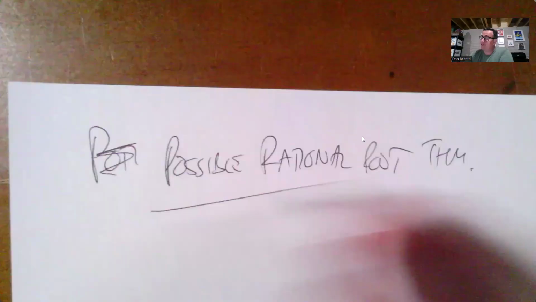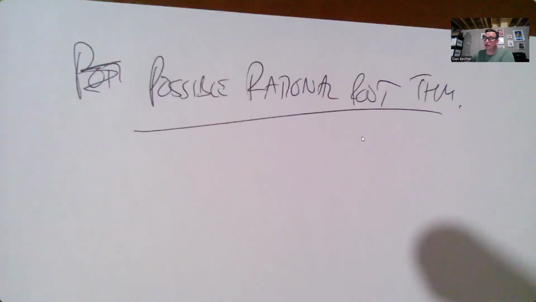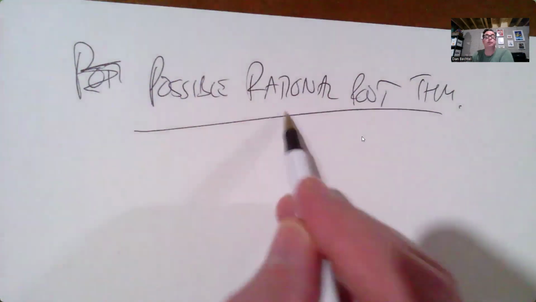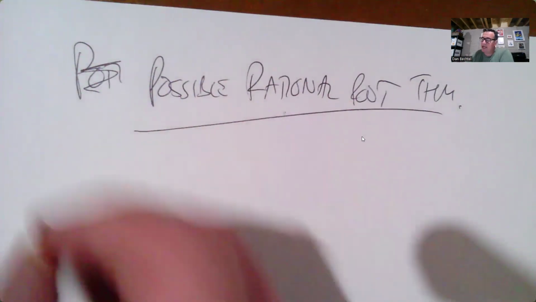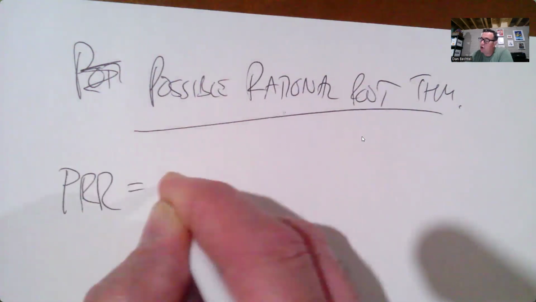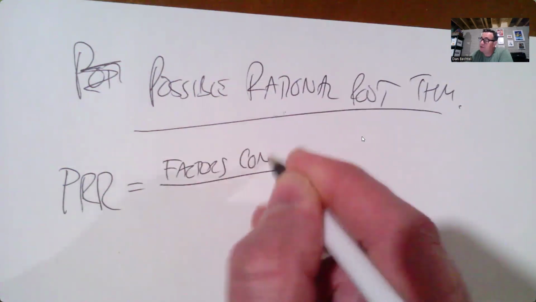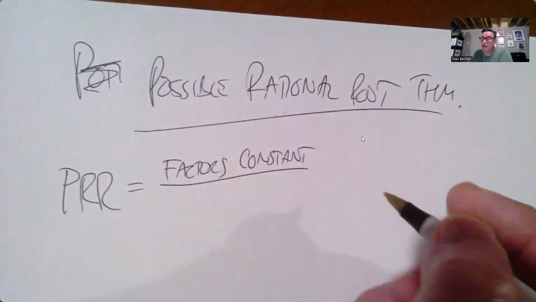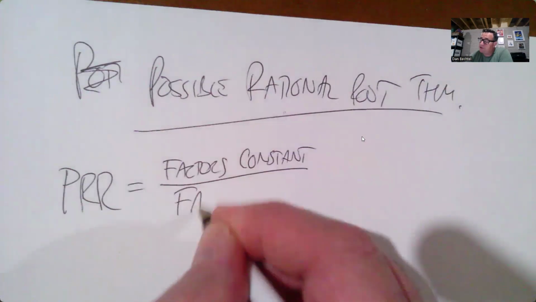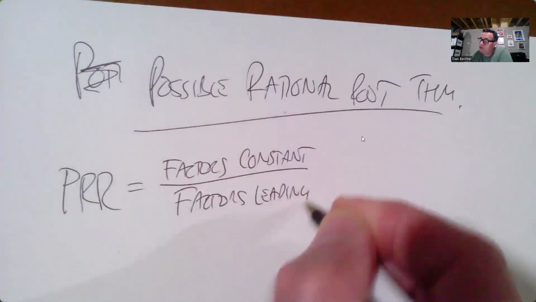What that means is that when I have a polynomial set equal to 0, the possible rational roots, meaning the fractions themselves, take this format: it is all of the factors of the constant, the term that does not have an x, divided by all of the factors of the leading coefficient.